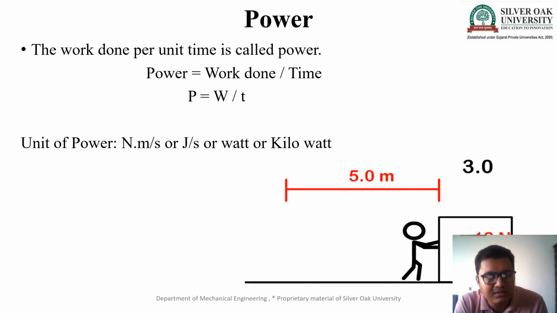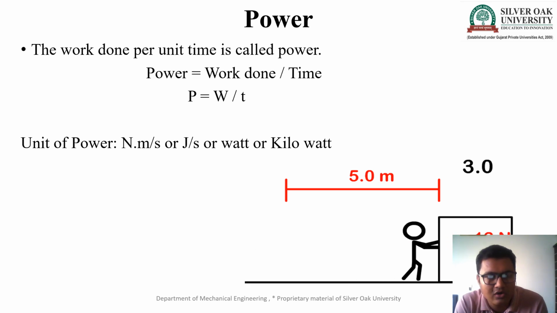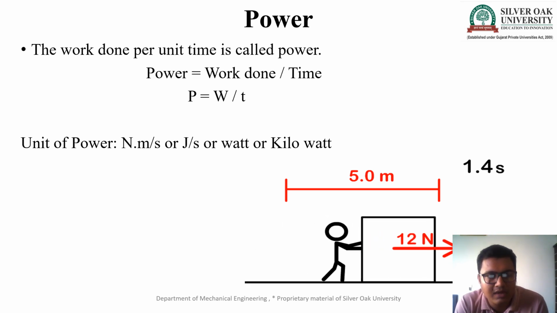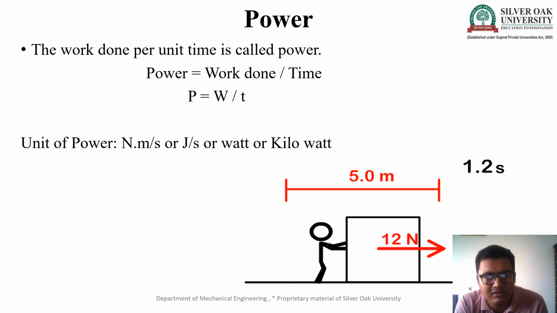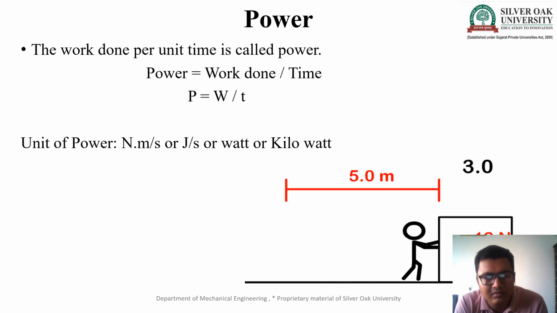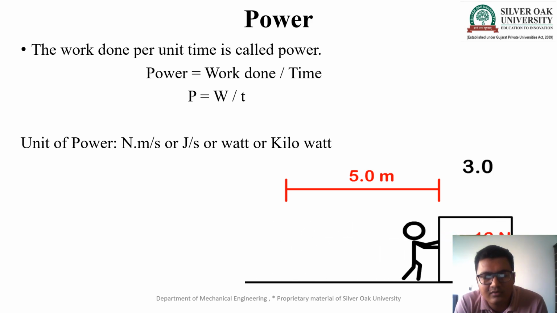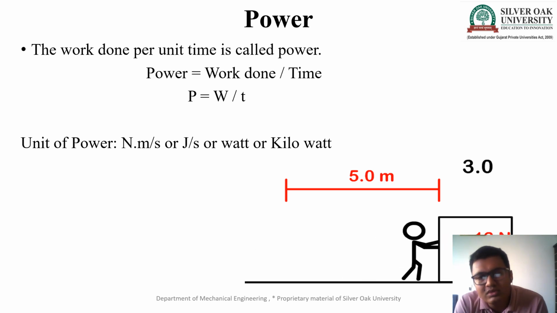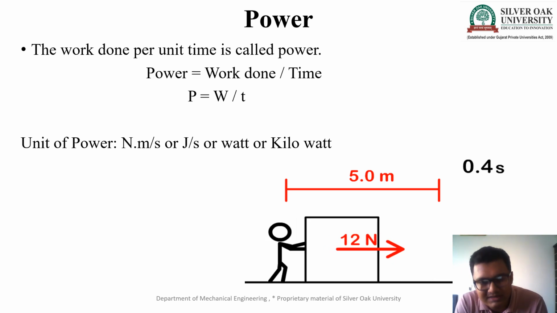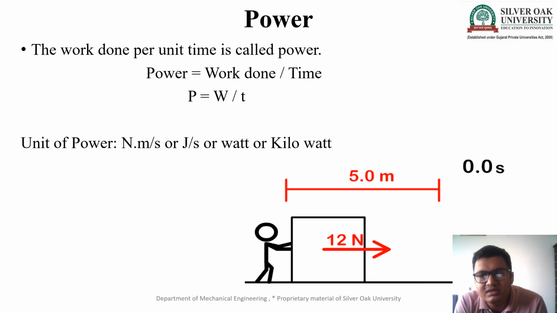Here we discuss the power term. The work done per unit time is called power. So power is equal to work done divided by time, or the work done per time. Here, to find the value of power, 12 into 5 is the work done by the body, and the time required is 3 seconds. 12 into 5 is 60, 60 divided by 3 is 20.